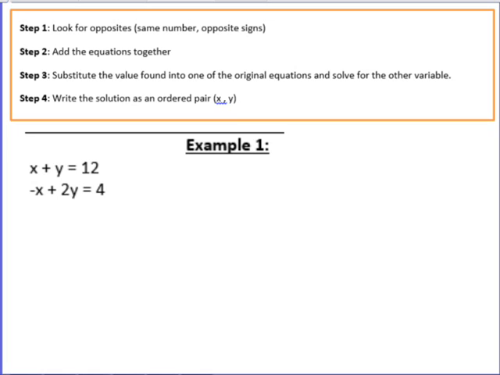We want to add equations together and create opposites.